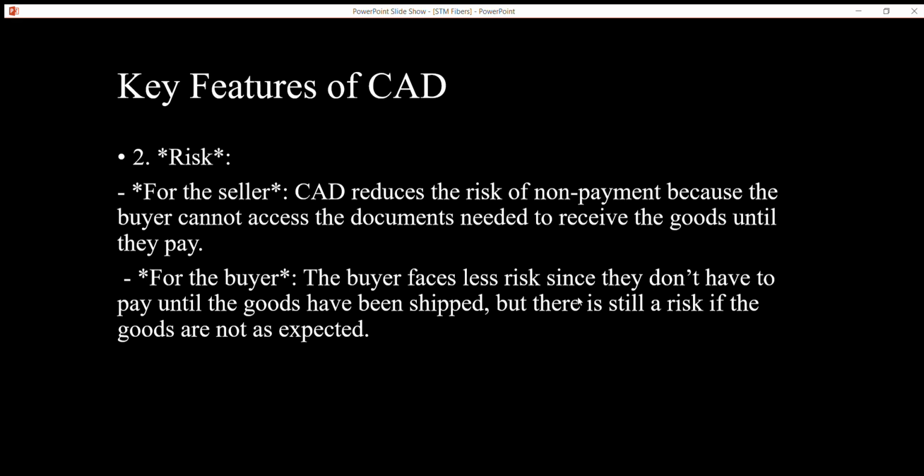But there is still a risk if the goods are not as expected, as committed. So the risk factor for both is reduced, very much reduced for the seller, and less reduced for the buyer.